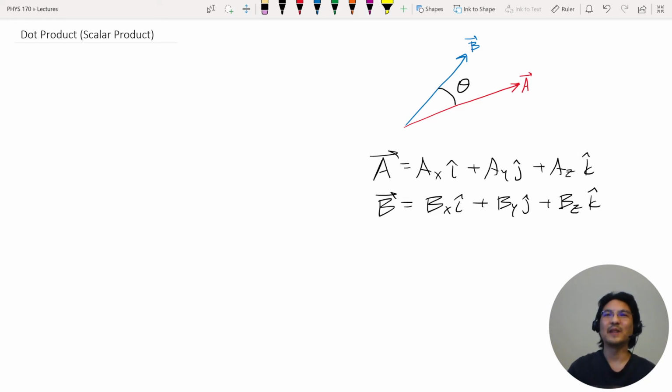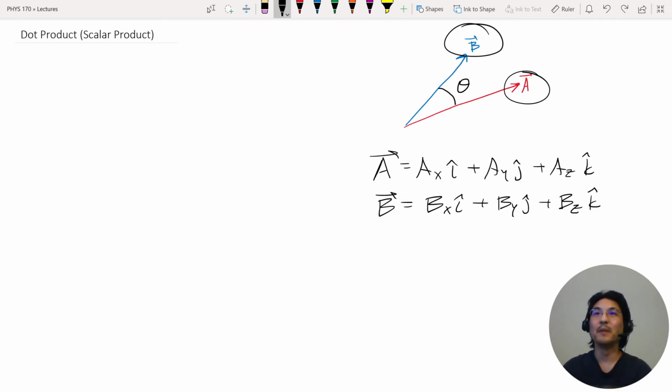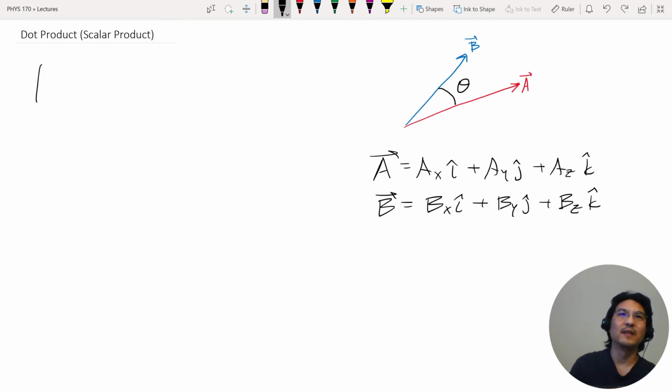Okay, so by definition, if you already know, for example, the magnitude of both vectors and the angle between them, then the dot product goes like this.